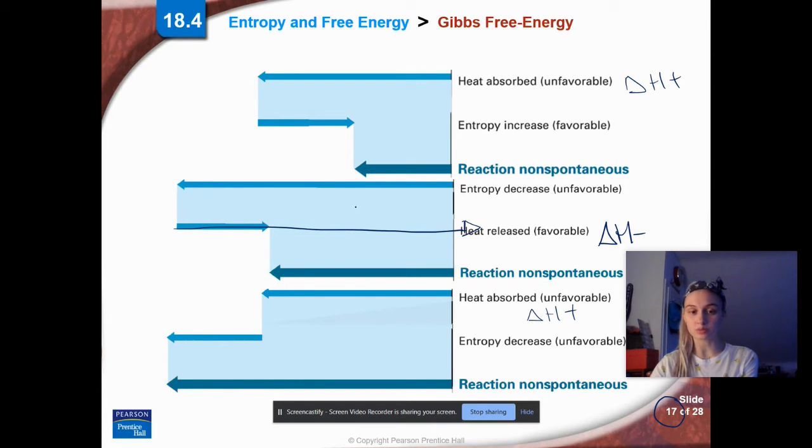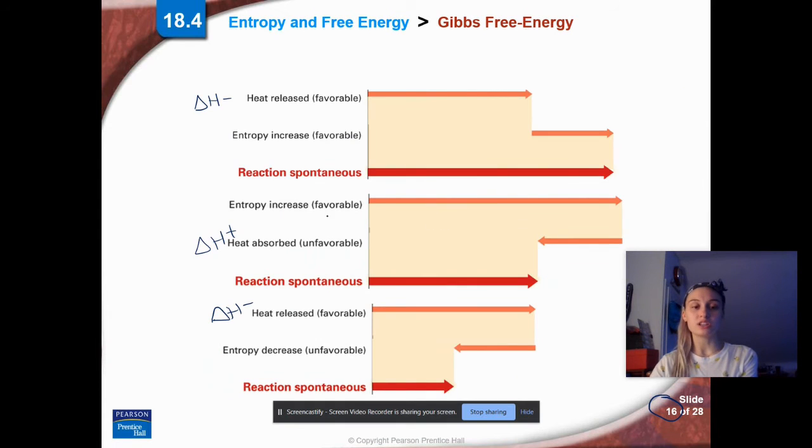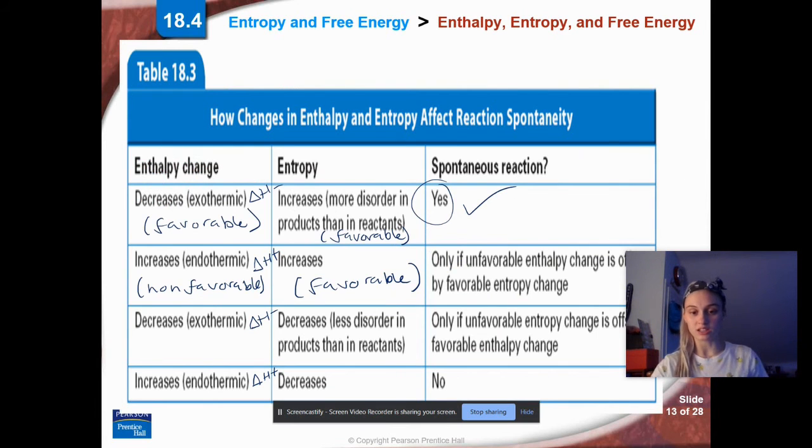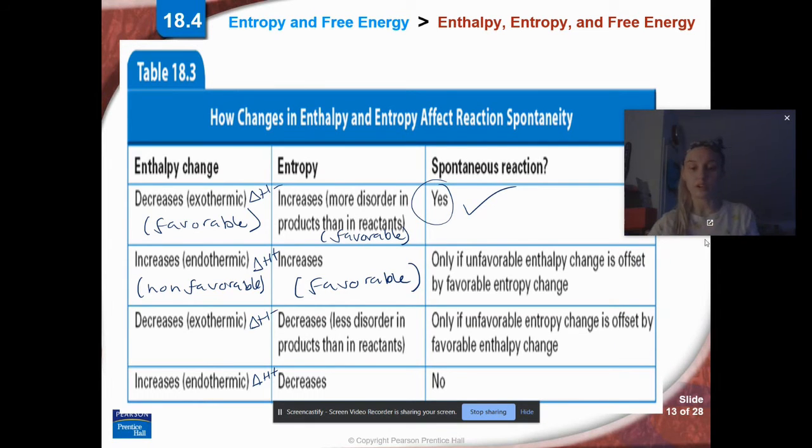In the non-spontaneous, that didn't happen, but here it did because, for example, the entropy increase here overshadowed the heat absorbed here. And so the favorable overcame the unfavorable. That's basically what this is saying. So it says only if unfavorable enthalpy change is offset by favorable enthalpy change. Same thing, but we're switching their variables. So in this case, this is favorable.